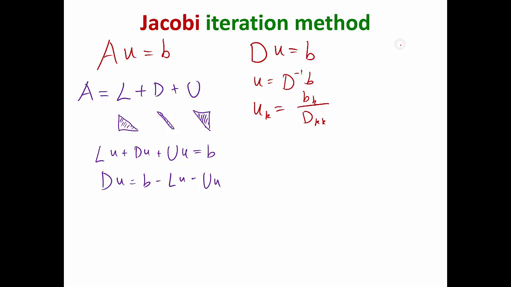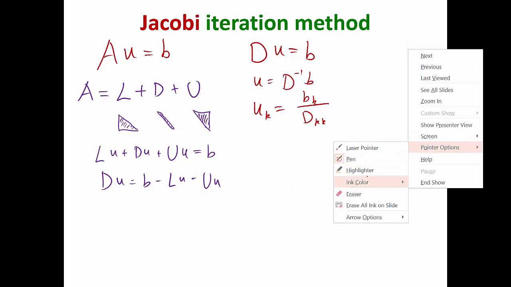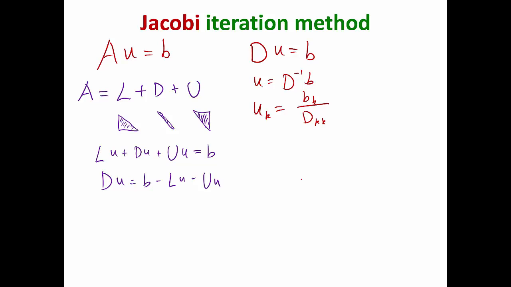Now here is a jump of faith into the Jacobi iteration method. The Jacobi iteration method starts with the initial guess, an arbitrary U0. I'm going to use the parentheses superscript 0 as the initial guess.